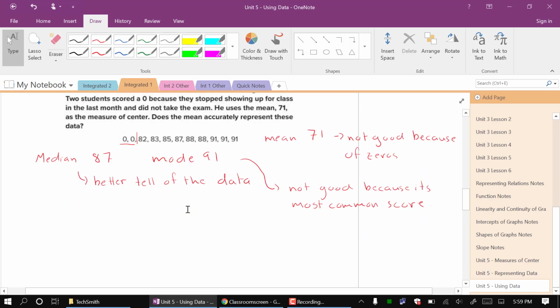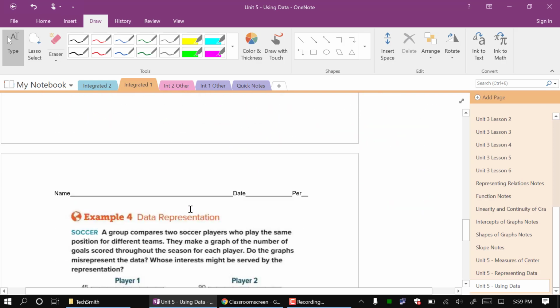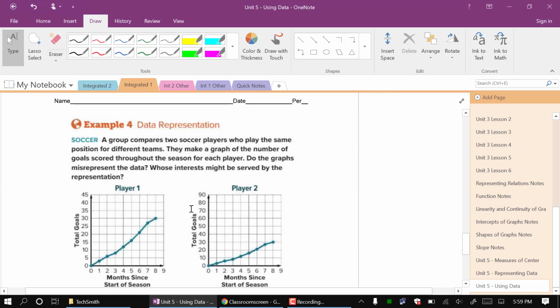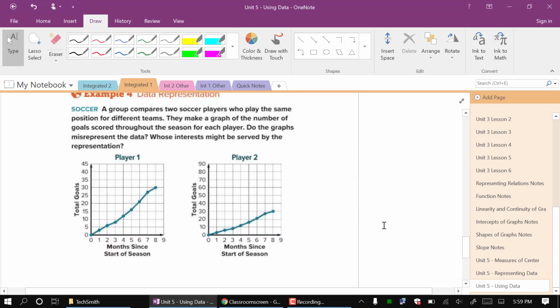Let's take a look at example 4. A group compares 2 soccer players who play the same position from different teams. They make a graph of the number of goals scored through the season for each player. Do the graphs misrepresent the data? Whose interest might be served by the representation?